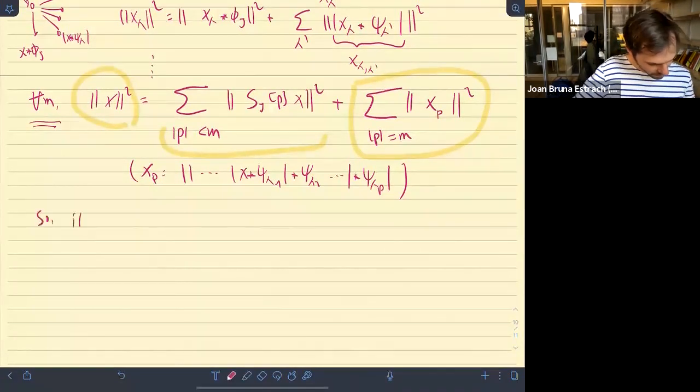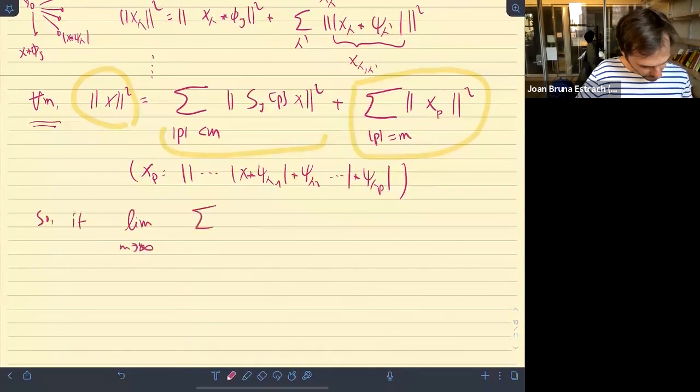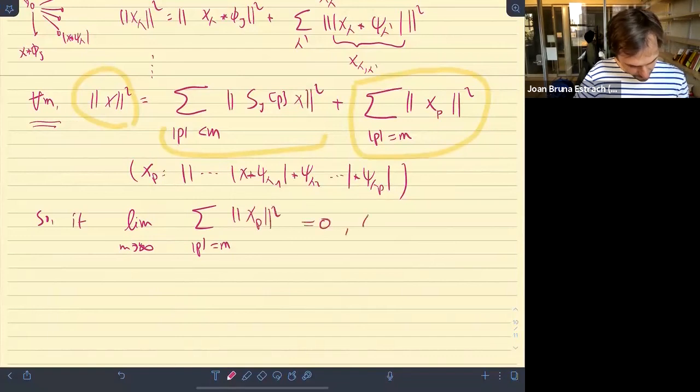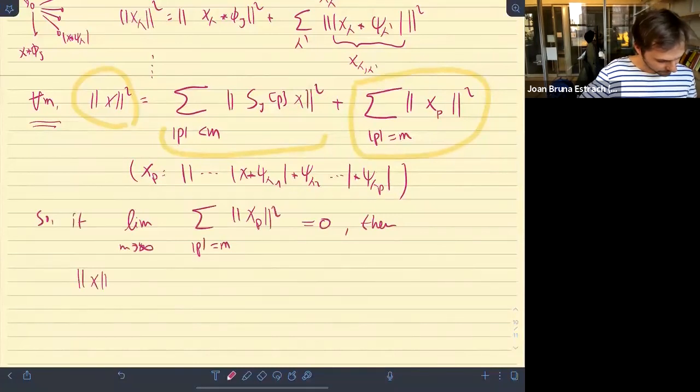So if the limit when m goes to infinity of this sum is 0, then we have energy conservation.